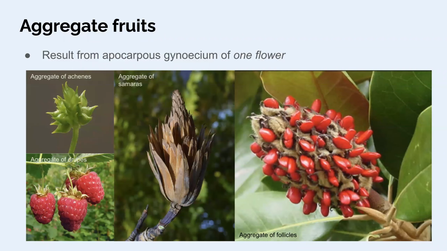Altogether, you can look at several fruitlets being produced by the same flower. If you've got a flower that's got separate carpels, it typically produces separate fruits. These are all images where one flower would have produced each of these fruits.